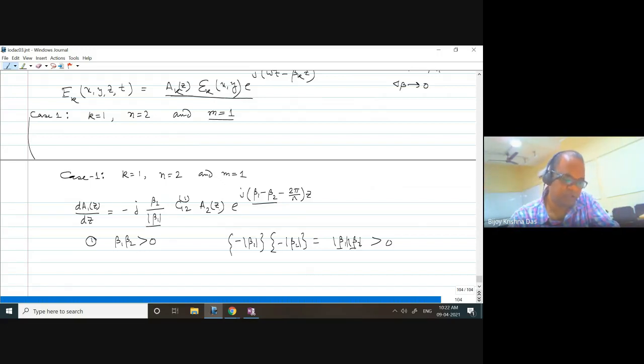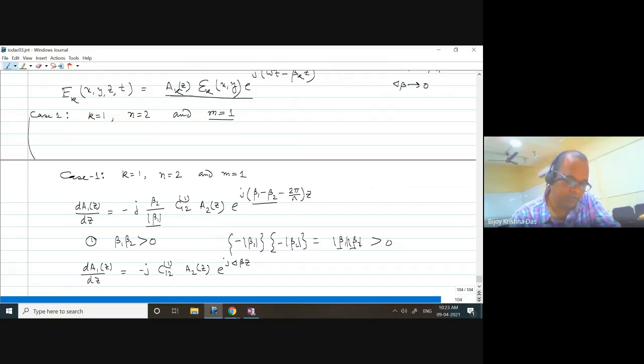what can we write for this equation? I can write here beta 1 by beta 1. That means I am writing here, suppose, dA1z by dz equal to minus j C12, 1, A2z e to the power j delta beta z.